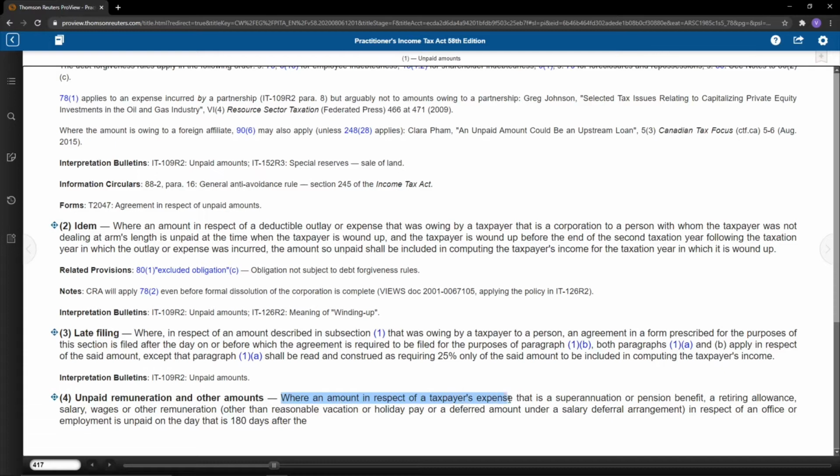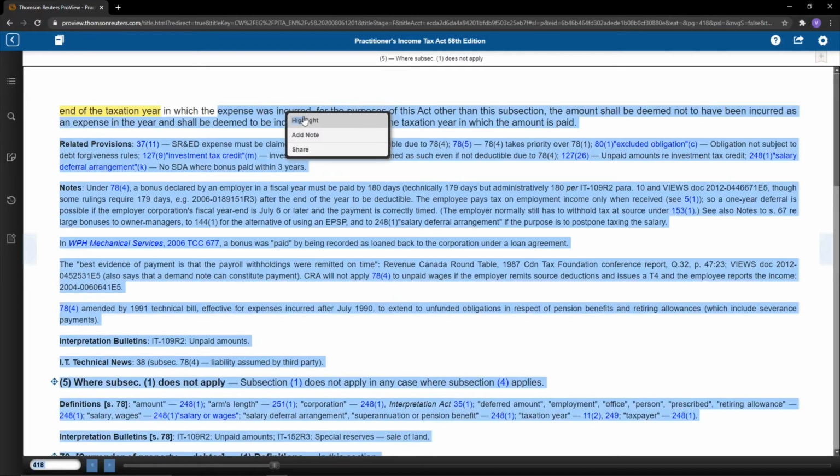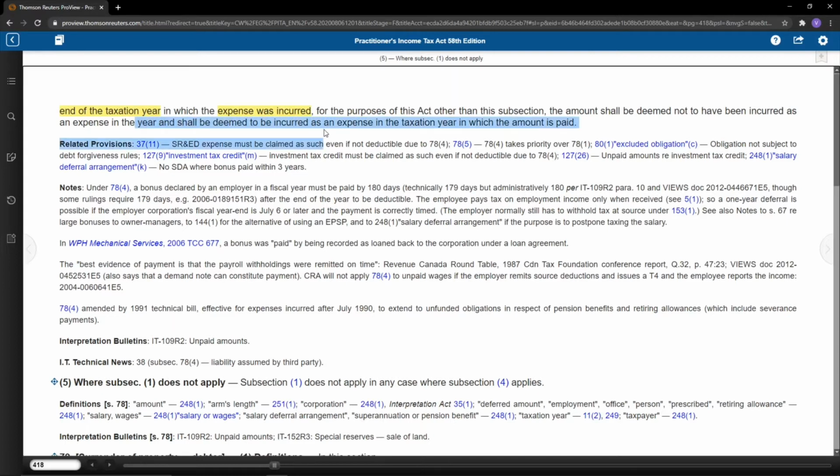Where an amount in respect of a taxpayer's expense, that is superannuation or pension benefit, a retiring allowance, salary, wages, or other remuneration, in respect of an office or employment is unpaid on the day that is 180 days, note the 180 days here, after the end of the taxation year in which the expense was incurred, for the purposes of this act other than this subsection, the amount shall be deemed not to have been incurred as an expense in the year and shall be deemed to be incurred as an expense in the taxation year in which the amount is paid.